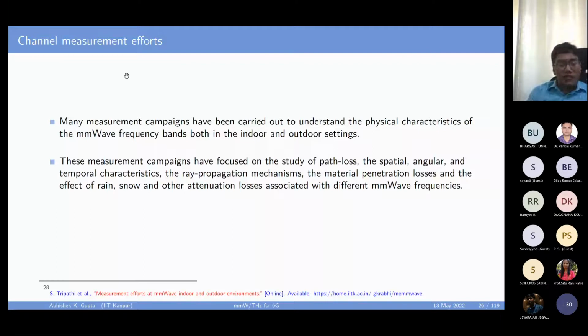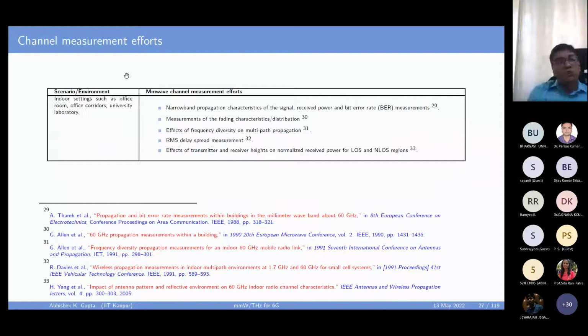How does the received signal change with respect to distance? How does beamforming work? Some of them are also based on ray propagation mechanisms. They also focus on the material losses and the effect of different environmental molecules. So I'm not going to go through all of them. These are some references you can look at.